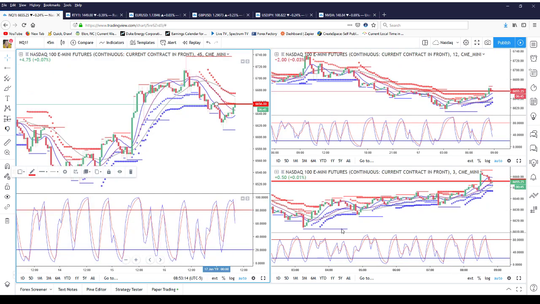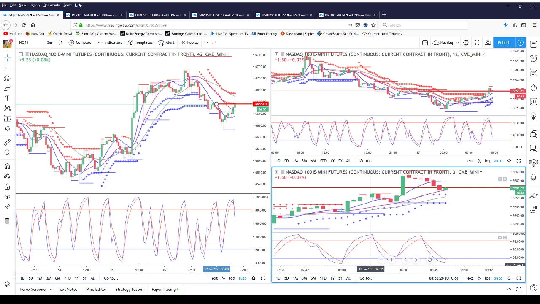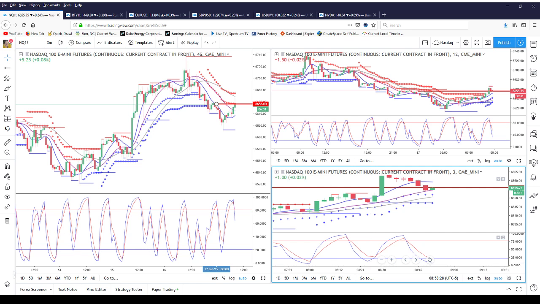Let's go back and look at the NASDAQ. Now you really do not want that bullish bar here on the 3-minute chart. I'm just blowing it up some for you. Now there is a potential that it could come up here and test this moving average, because it broke through the moving average, so it could come back and test that moving average.